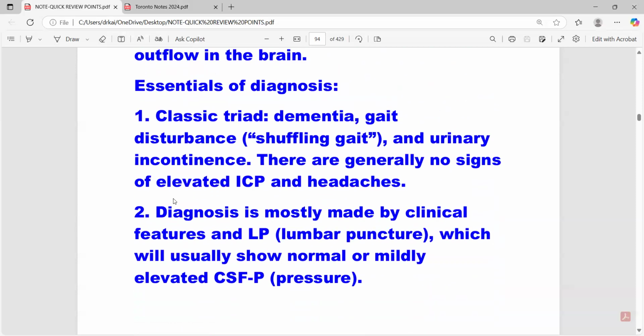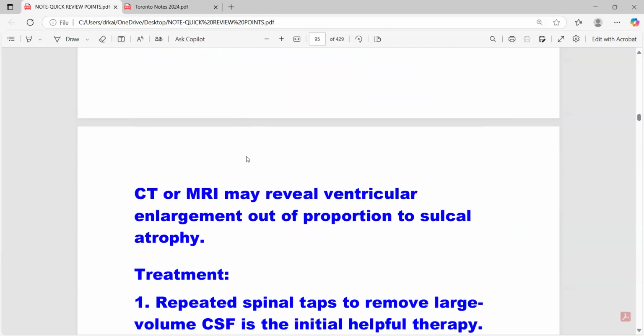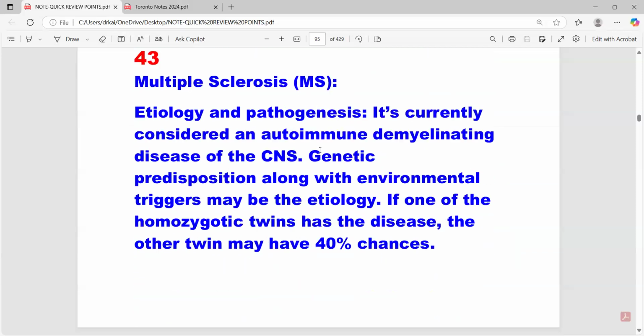Diagnosis is mostly made by clinical features and lumbar puncture as well. So that's why you need to know the classic triad: dementia, shuffling gait, and urine incontinence. Which one can cause urine incontinence? Okay. CT scan and MRI can show ventricular enlargement. The treatment is decompression, like reducing the CSF volume or putting in ventricular shunts.